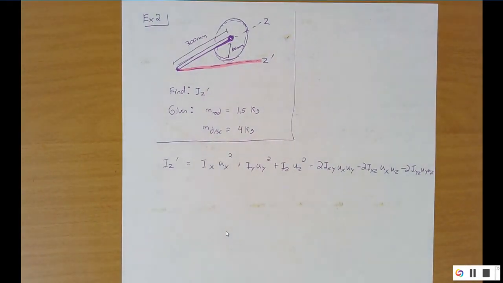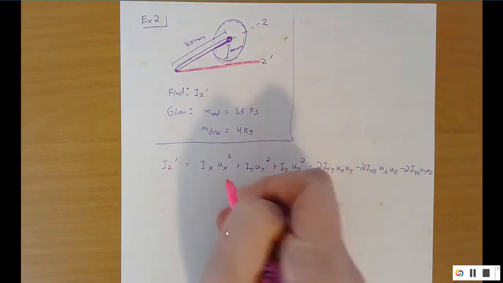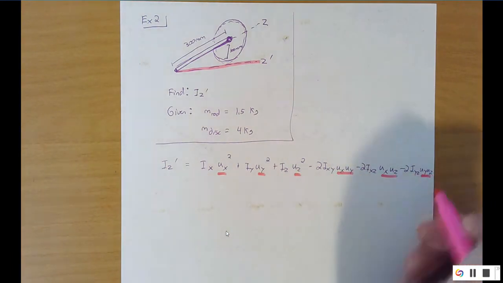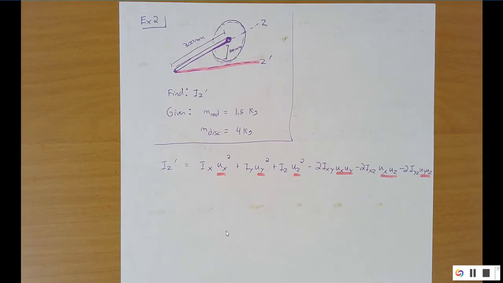So there's a lot of stuff that we need to find. So keep in mind that all of these unit vectors will be about our pink axis there, and the other stuff will be about our original axis. So these will be like the inertial properties, all the I's, about the original axis.